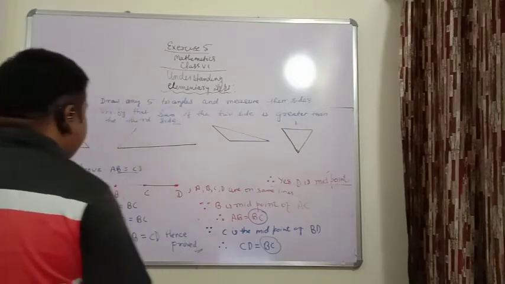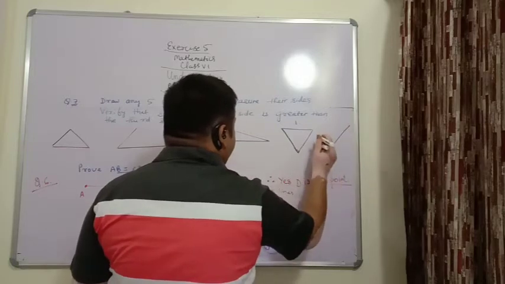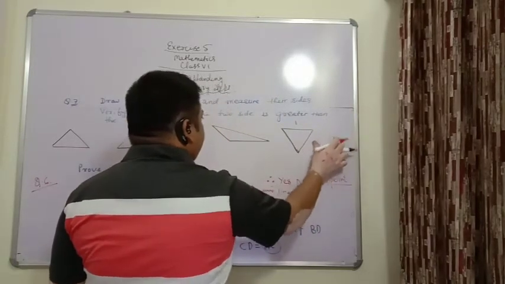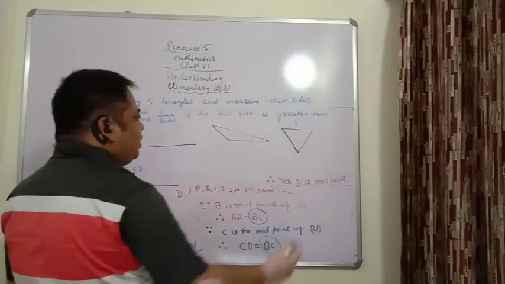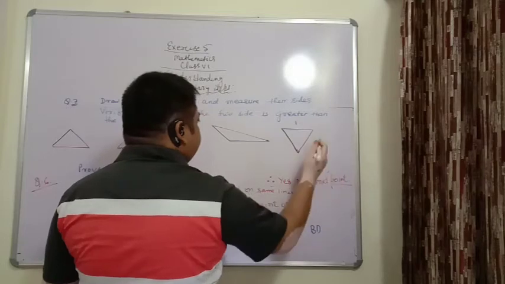And five. Whatever triangle we have not drawn so far, a right angle triangle. So let us draw one right angle triangle.